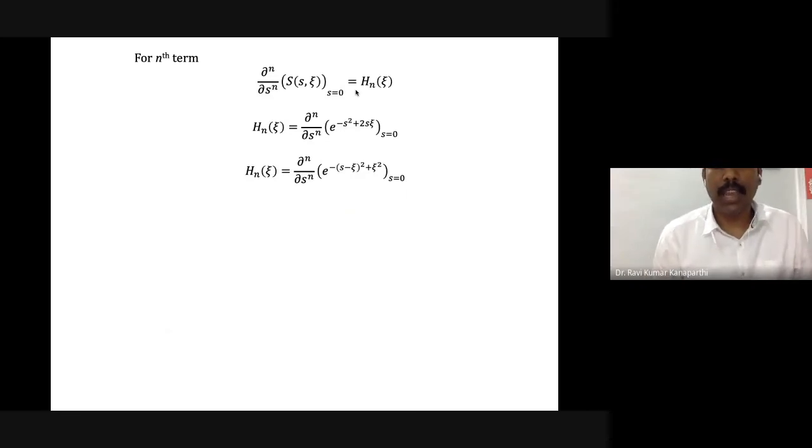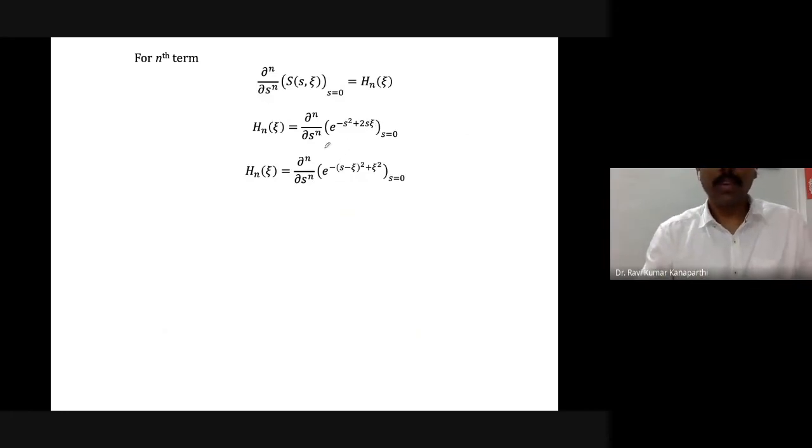I can add a z square term and then subtract a z square term. In the expression e to the power minus s square plus 2sz, I will subtract z square and then add z square. So the net effect is 0, nothing happens.